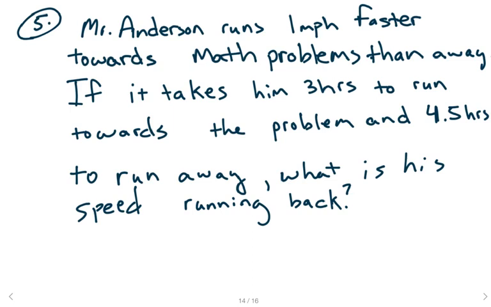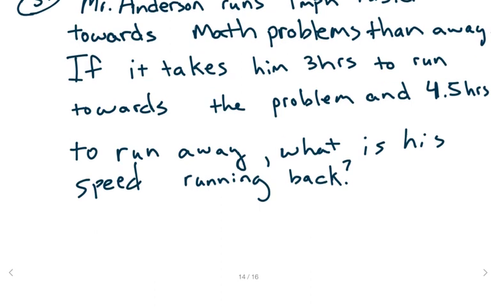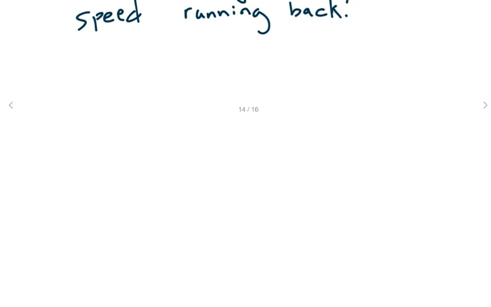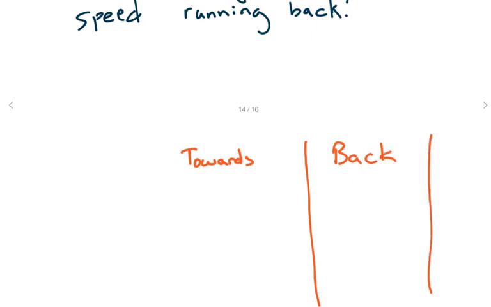Mr. Anderson runs 1 mile per hour faster towards math problems than away. If it takes him 3 hours to run towards the problem and 4.5 to run away, what is his speed running back? Okay, so same idea here. We'll put towards, back, and then we have the total.